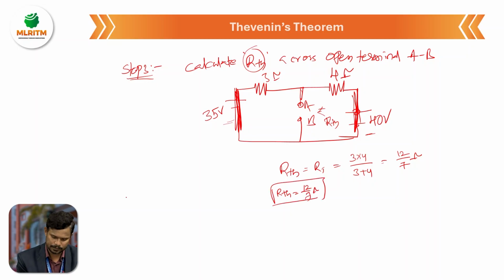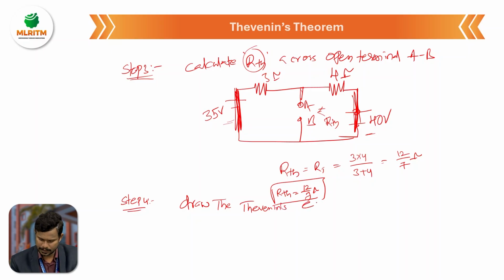Now step number 4. Draw the Thevenin's equivalent circuit with the combination of VTH and RTH. The Thevenin's equivalent circuit is this one.